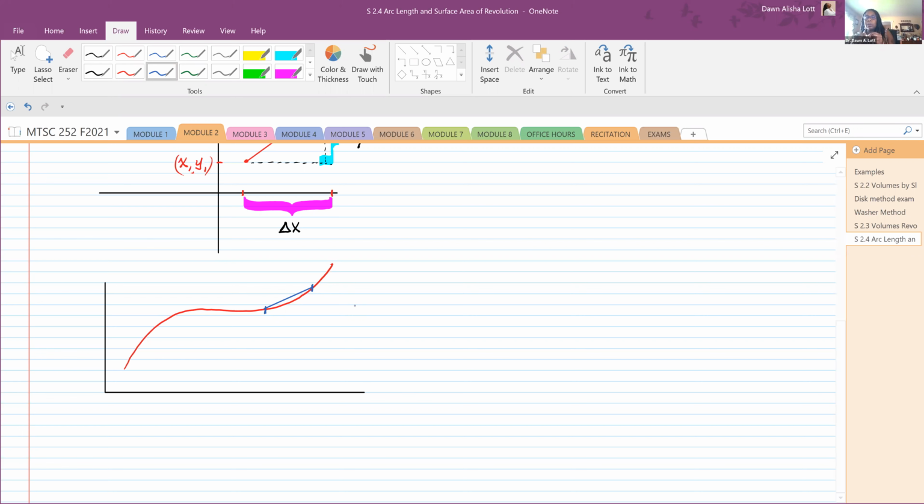If this piece is really, really tiny, for really small delta x, much less than 1, we can approximate the length on the interval from x to x plus delta x to be the same as the length of the line.